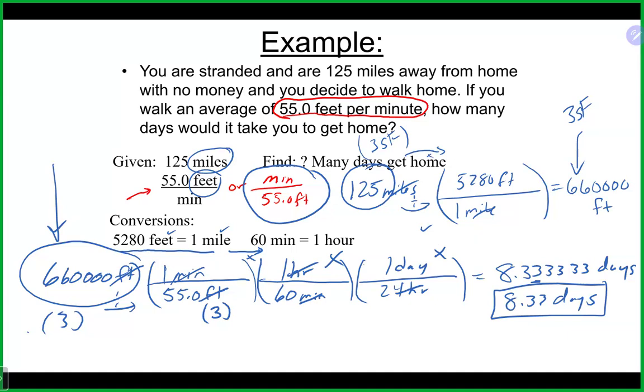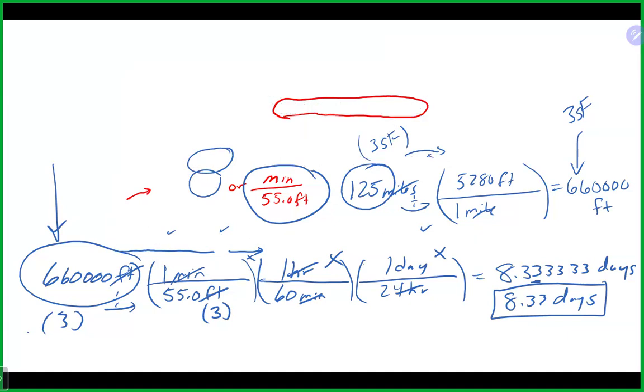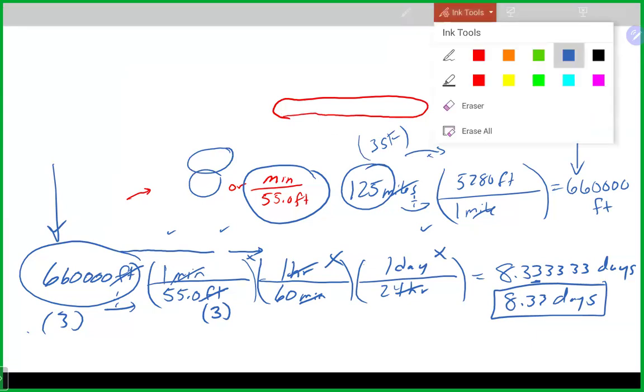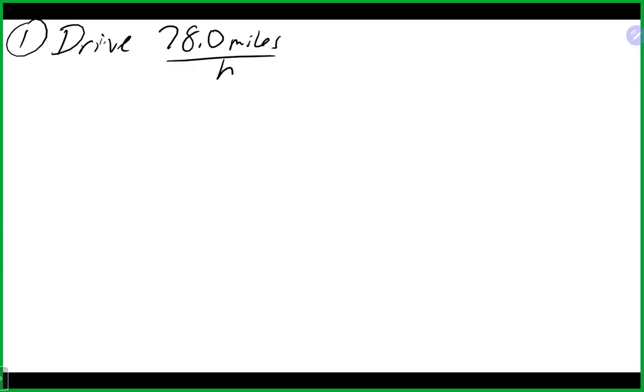All right, let's take a look at maybe just a couple more here just to make sure before we move on from conversions. Let me just erase all this stuff here. All right, why don't you try these two and see what you end up with. Let's say you were driving 78 miles per hour.